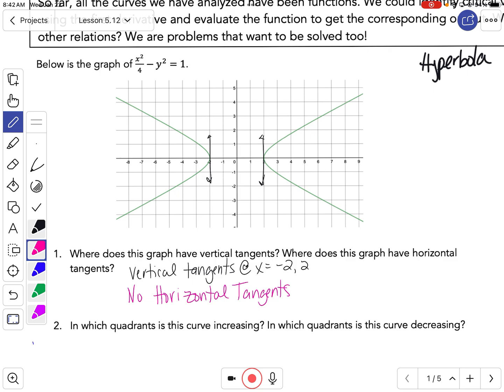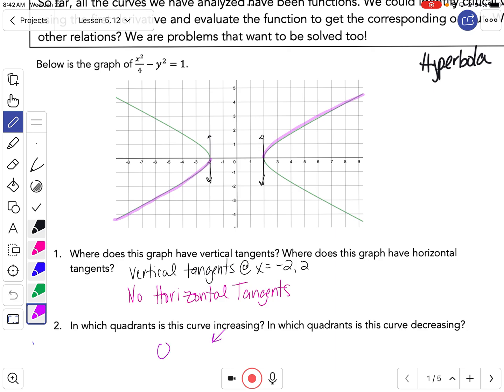All right, so let's talk about where this curve is increasing. Let's read it from left to right. It looks like we increase there and here. So in which quadrants is it increasing?